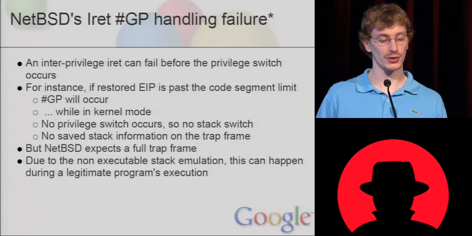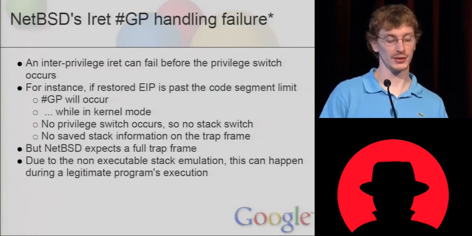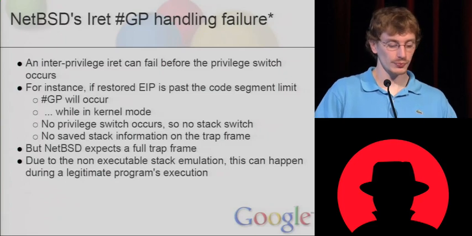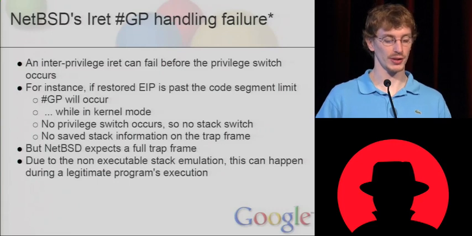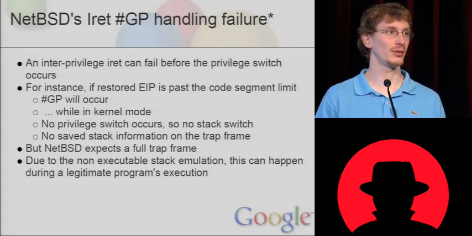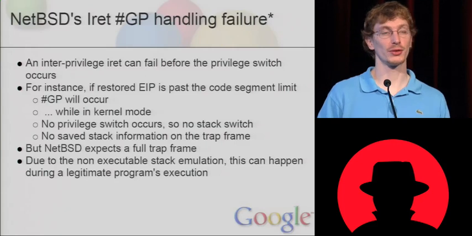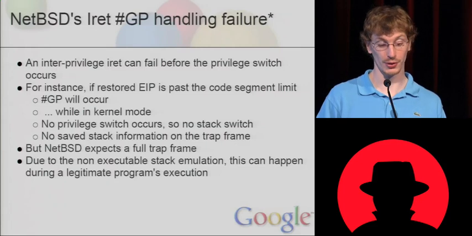So basically you have no saved stack information on the trap frame. NetBSD was not expecting this to happen, so it was expecting a full trap frame all the time, well, basically you will have your trap frame shifted. So of course you can play with this and try to exploit this.